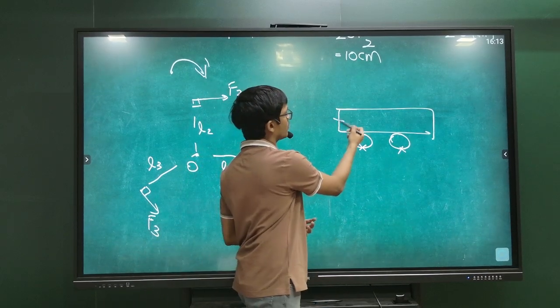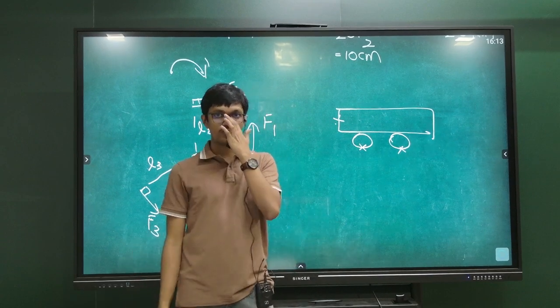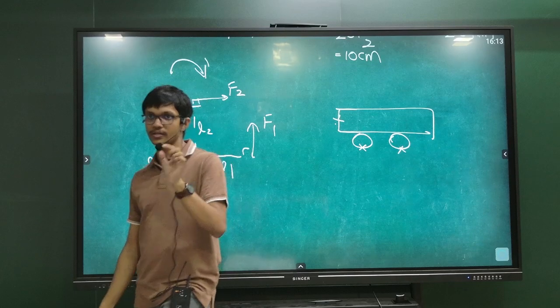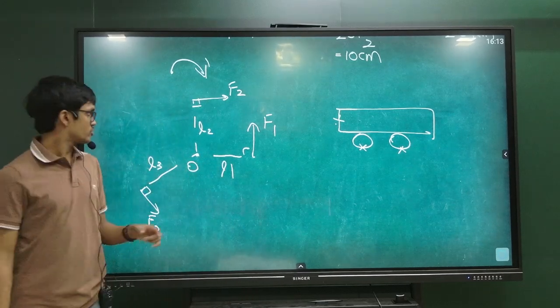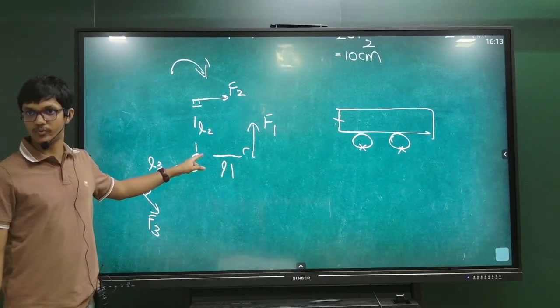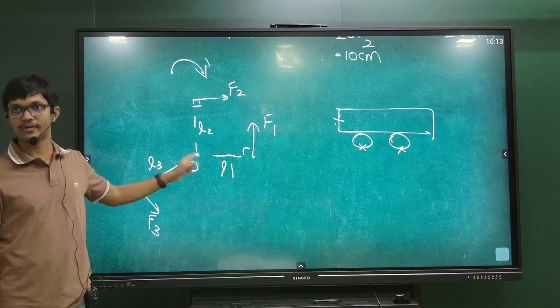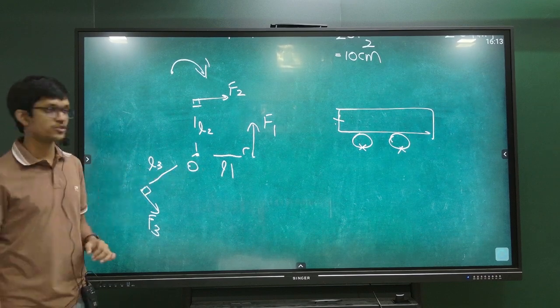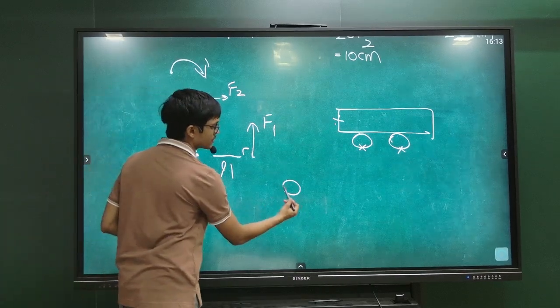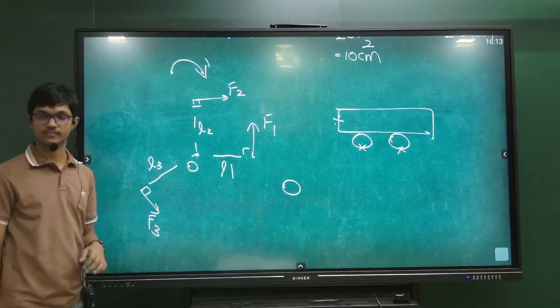So you have to define the point that you are considering the moment. So here I'm taking the moment around point O, clear? I write O. I'm considering point O.